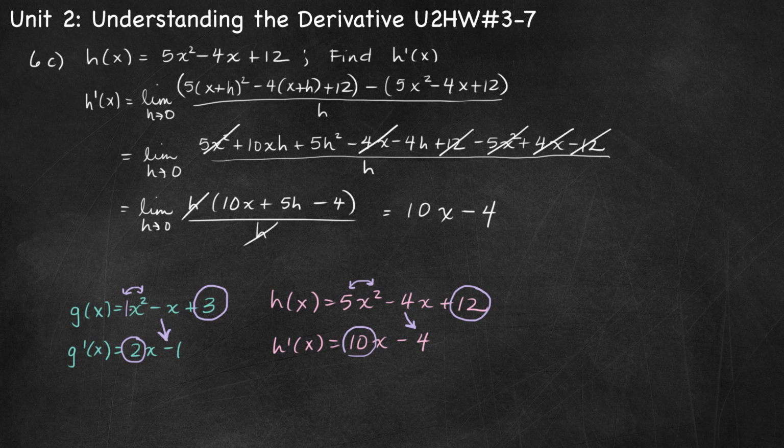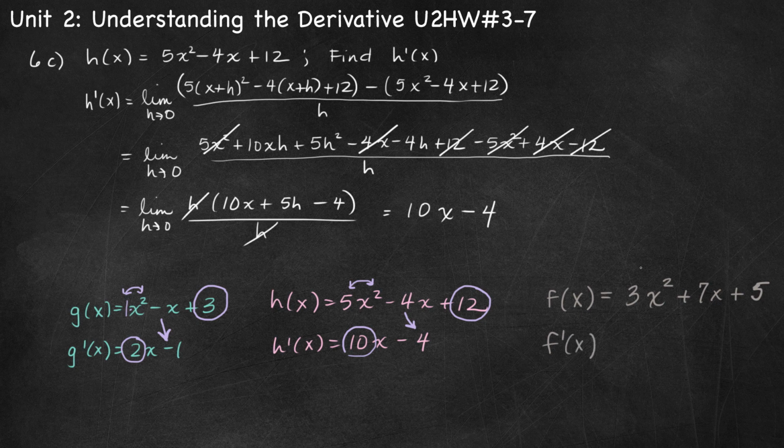And in fact, let me write a new equation. I'll just make something up. So if we have f of x equals, let's go with 3x squared plus 7x plus, we'll say 5. Can you guess, just based on the pattern that I've shown you in the previous two, what the derivative is going to equal?